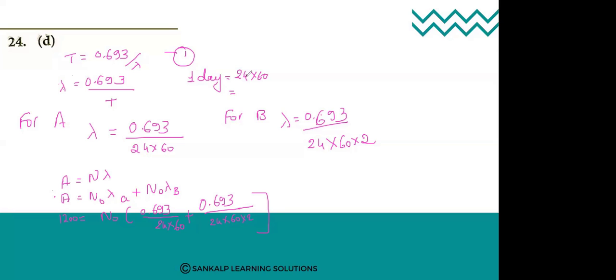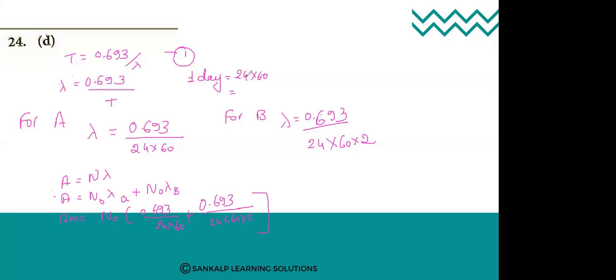So for A and B particle, we can write it as N naught into lambda A plus N naught into lambda B. Here the total activity is given as 1200 disintegrations per minute, which is equal to, N naught will be common.